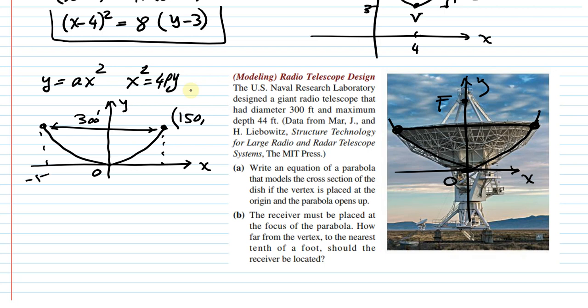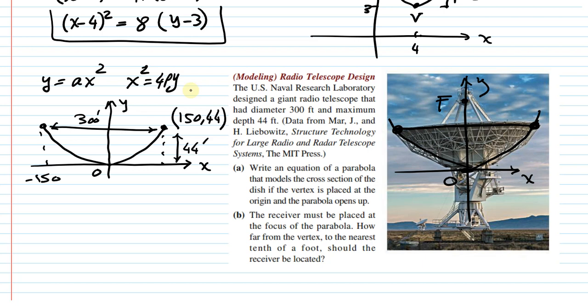The other would be negative 150. And we're told the maximum depth is 44 feet. So that's the distance from the top to the vertex, top to the bottom. And this was again the depth of 44 feet.